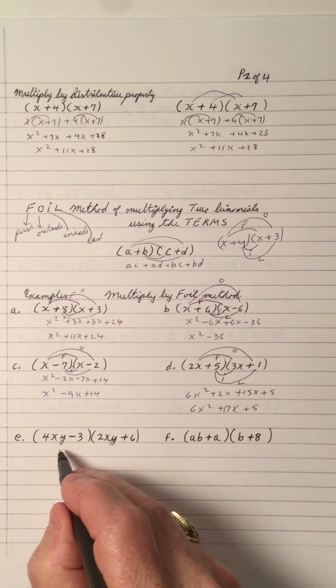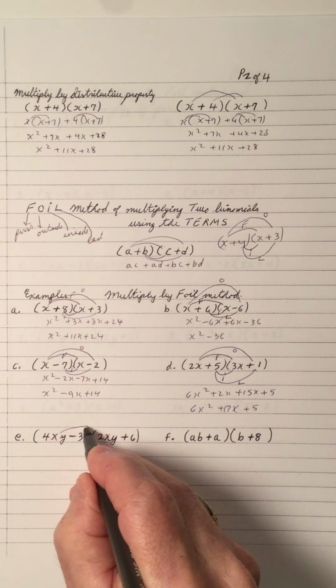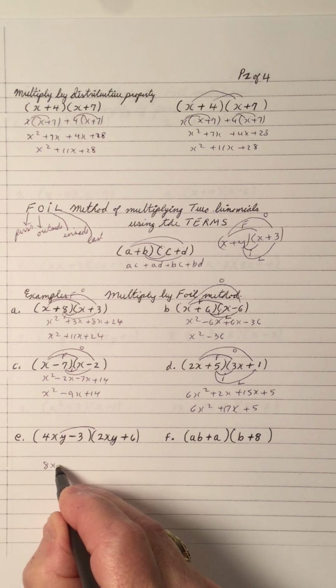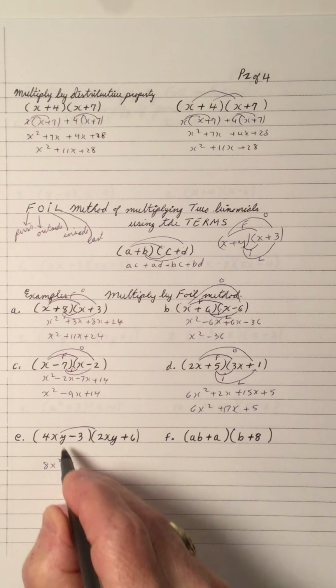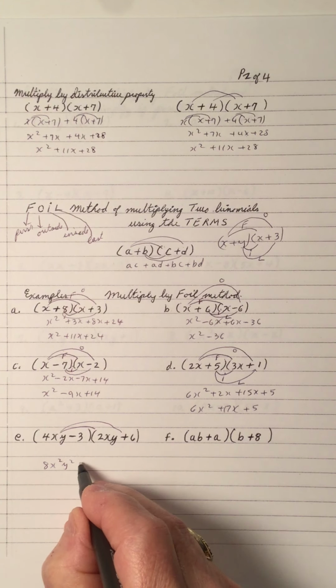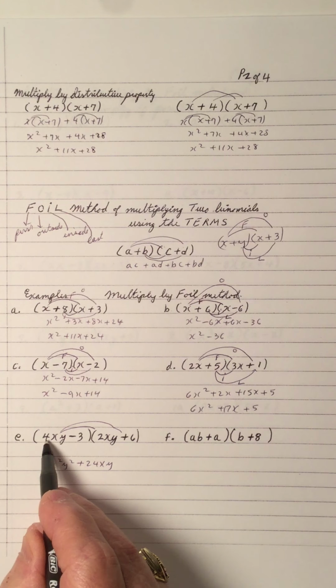Here we go again. We're multiplying by FOIL. First, outside, inside, last. First gives you 8x squared y squared. Outside gives you positive 24xy. Just keep track of it.